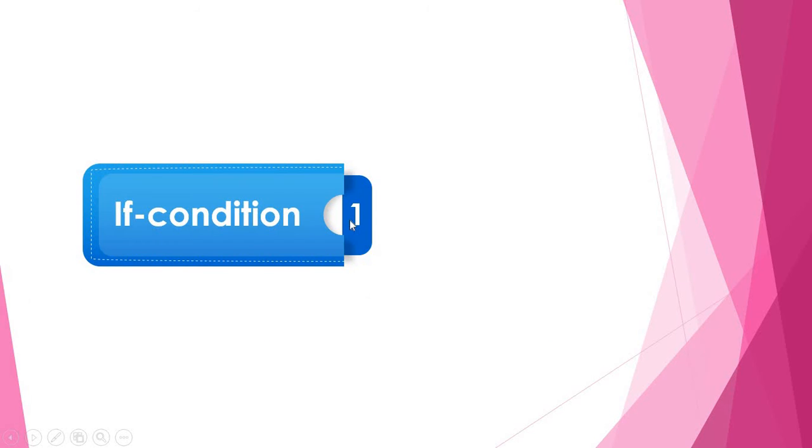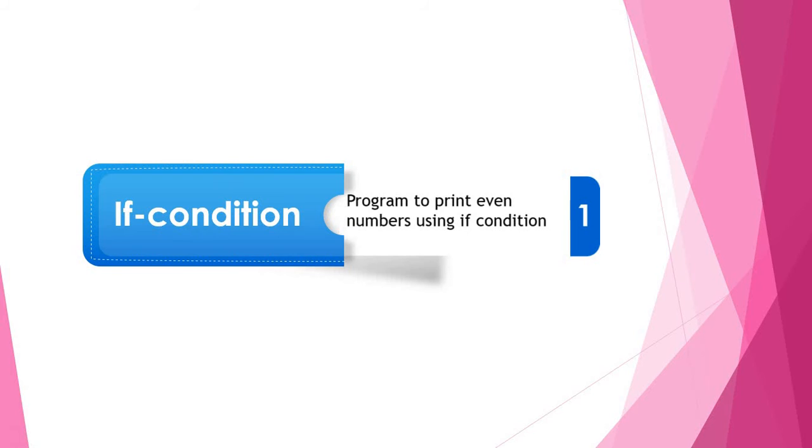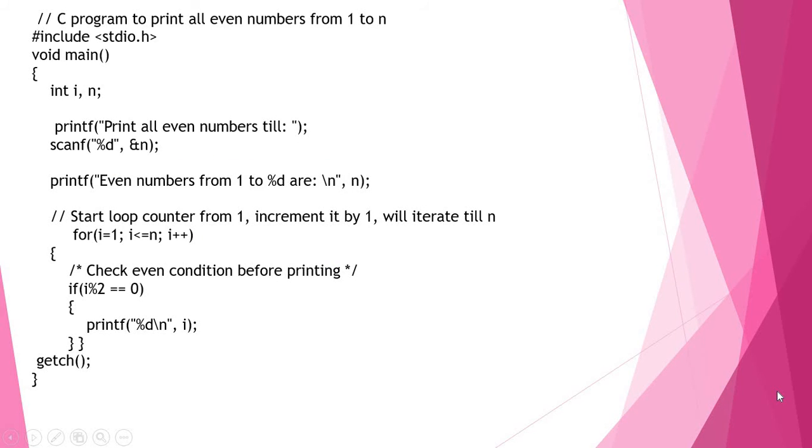Moving further, that is the if condition. Now we will see the program to print even numbers by using the if condition. This is a print statement to print all the even numbers. Scanf allows the user to enter the value for the n variable.